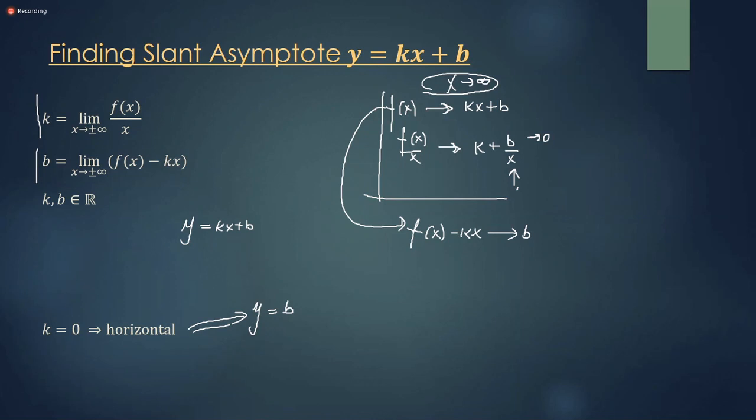So it saves you some work if you only find the slant asymptote and not the horizontal, because the slant asymptote can degenerate and actually become horizontal for some functions.